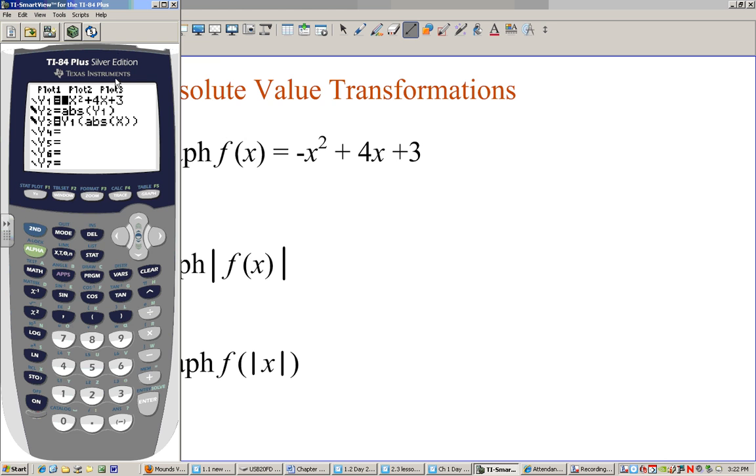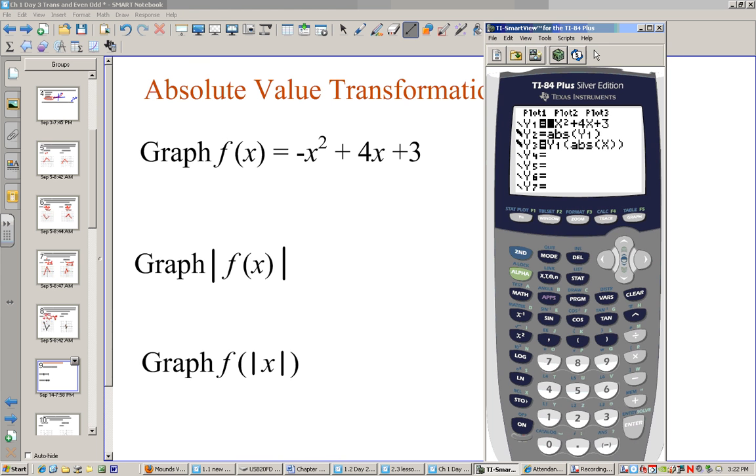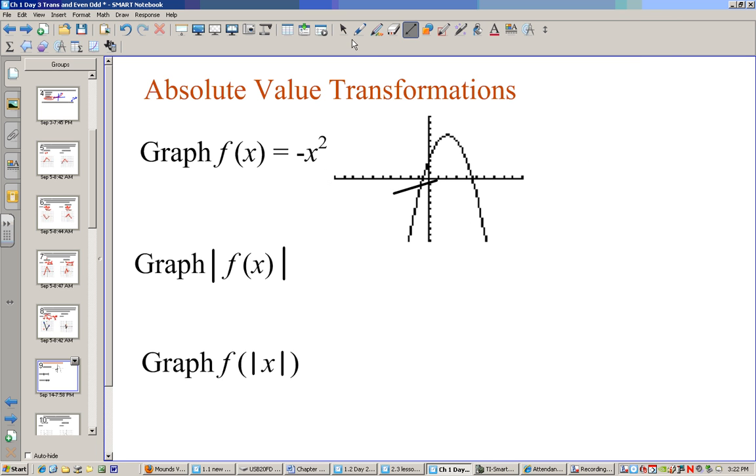To graph this first function, I'll just leave that one on, and you can see what it looks like. So the original function looks like this. This is my original function.